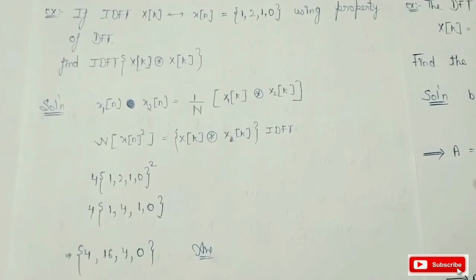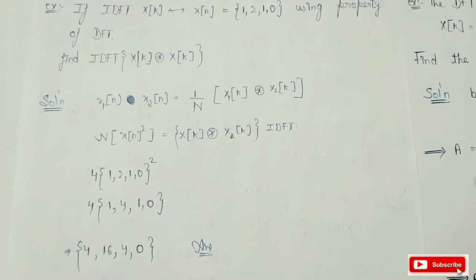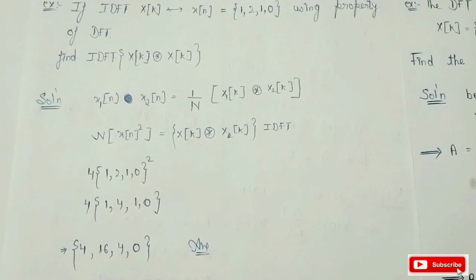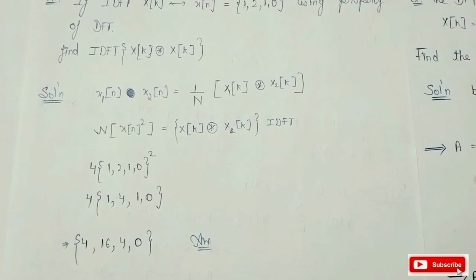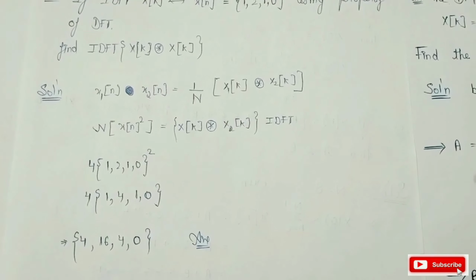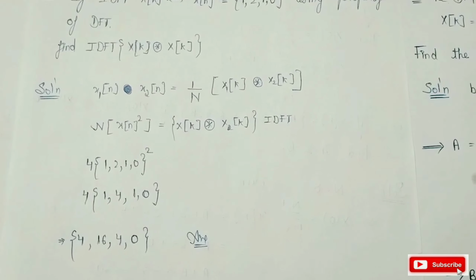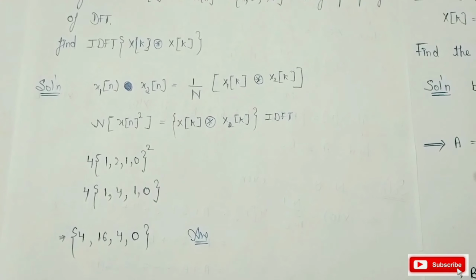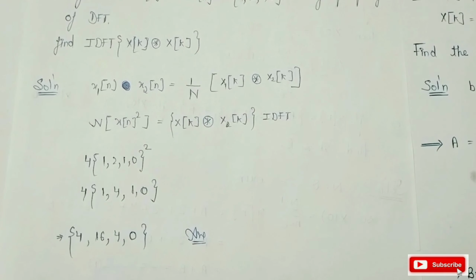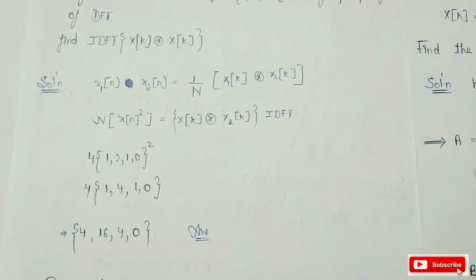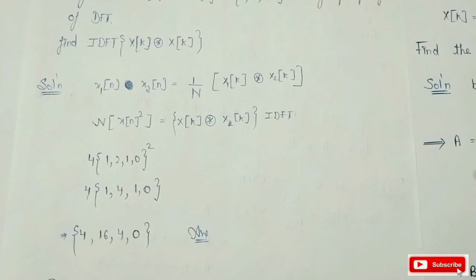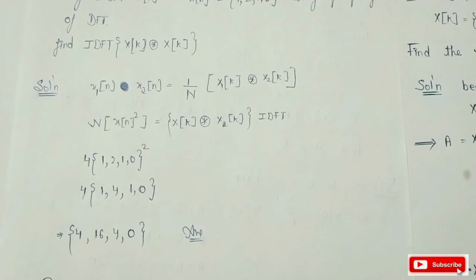In the last question we are given X of k, but this time we are given x of n as 1, 2, 1 and 0. Using the property of DFT, we have to find the inverse DFT of X of k convolved with X of k. By the property that multiplication in one domain is given by the convolution in another domain, but this time it is divided by N. So in this question we have to convolve the same signal.